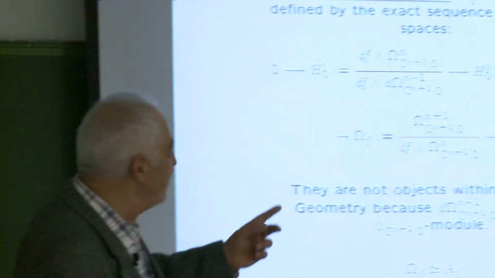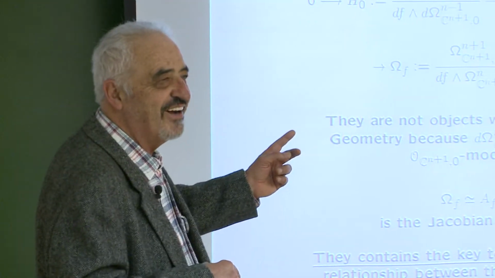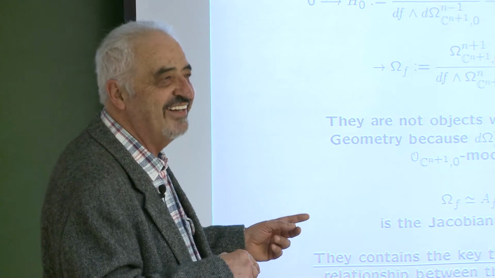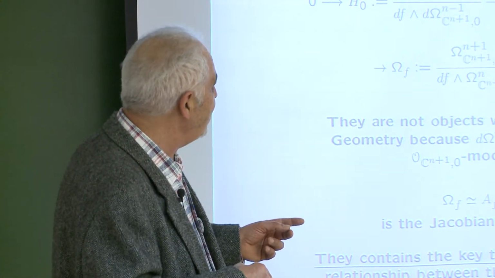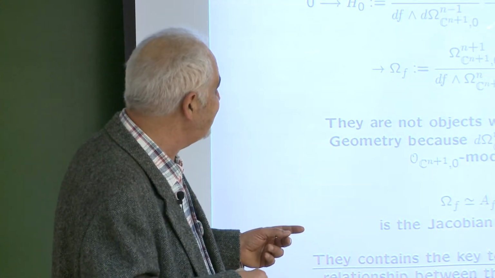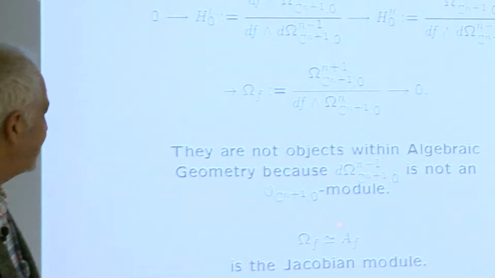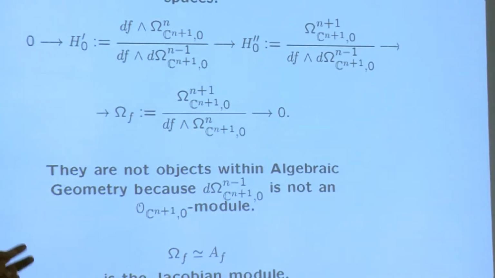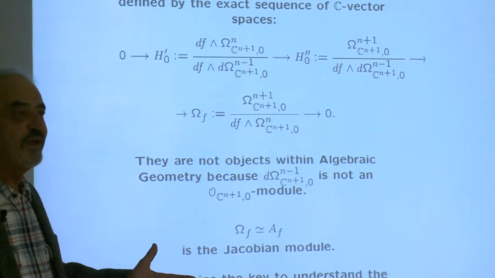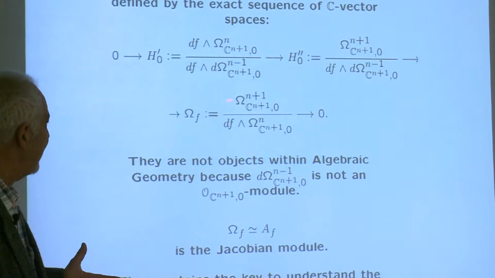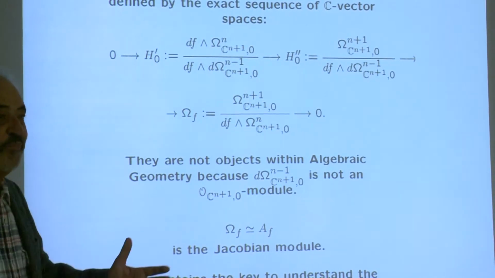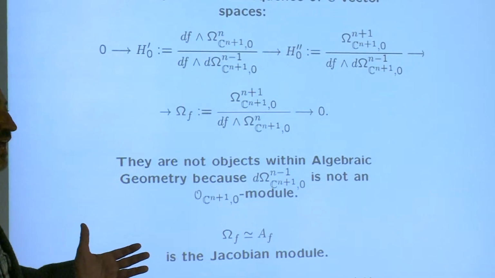Here, if you like exterior algebra, you see this is the Jacobian ideal. And so when you take the quotient of this by this, you get this space, which is isomorphic to the Jacobian algebra. It's called the Jacobian module. So this means that here it appears the Jacobian algebra.